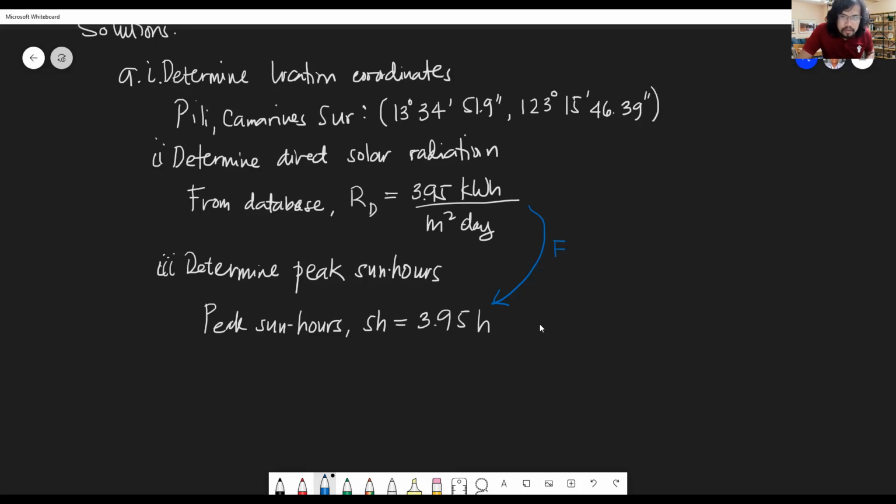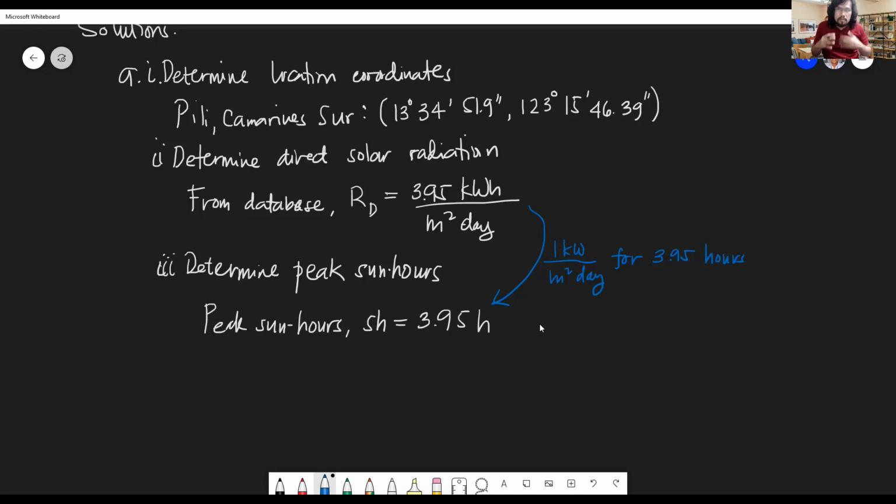okay, so let's organize the thought. So we have 1 kilowatt hour, 1 kilowatt for 1 meter squared per day is incident for 3.95 hours.